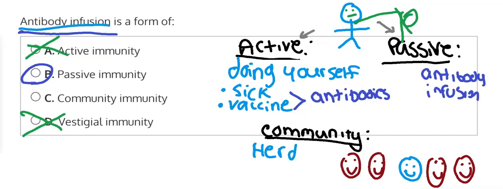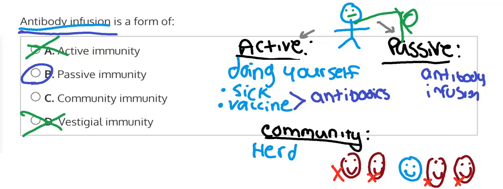That means that this person will likely not become sick with the flu, not because they built an active immunity or passive immunity or had any sort of protection, but just because all of their friends surrounding them don't have it. So they can't possibly get this illness because there's no source for it to come from.